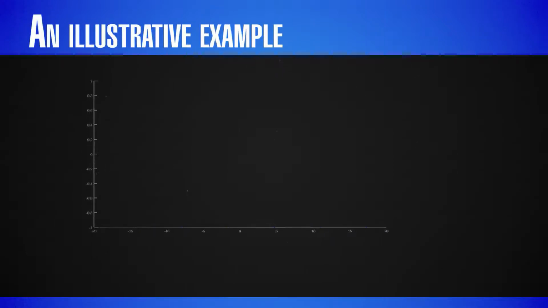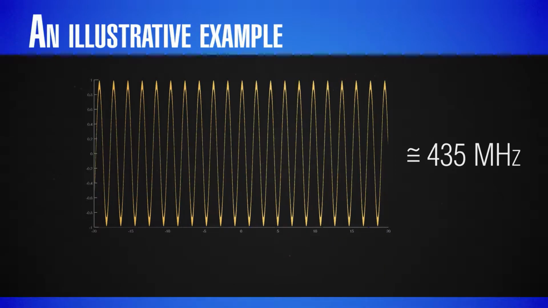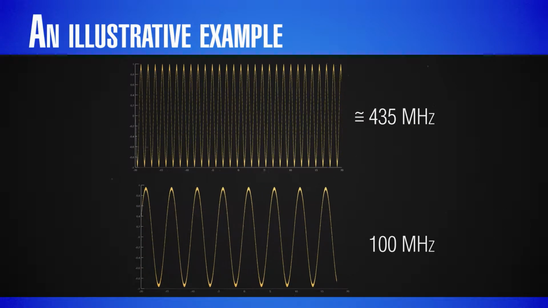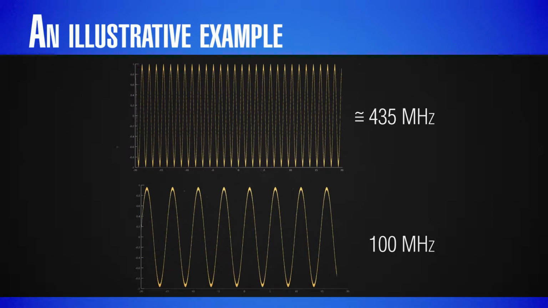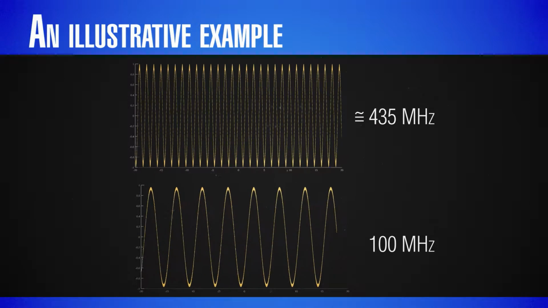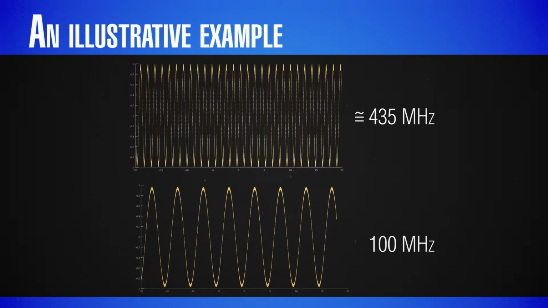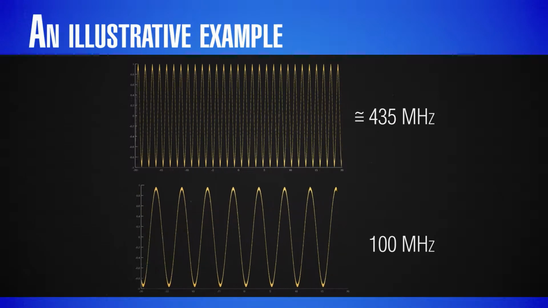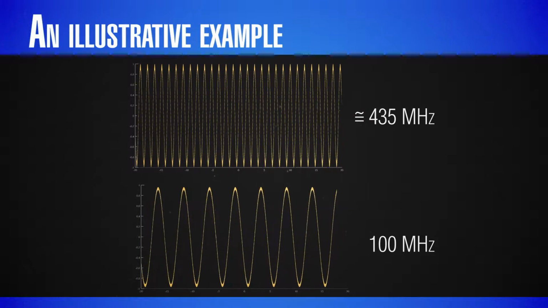So just as a basic example, suppose we have a radio amateur antenna, like a UHF antenna, which is roughly emitting at 430 megahertz. And suppose we want to emit a signal, just a very simple sine wave, no information at all, but suppose we want this sine wave to be at a lower frequency, say 100 megahertz.